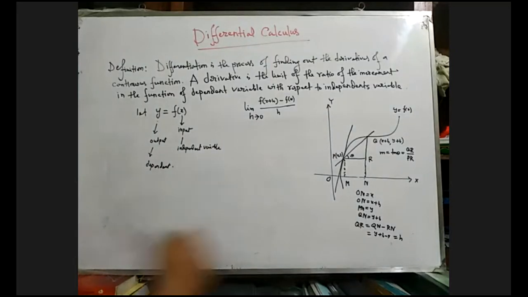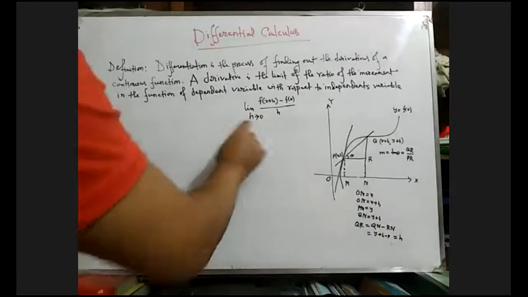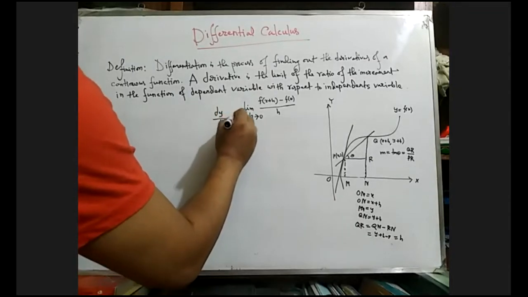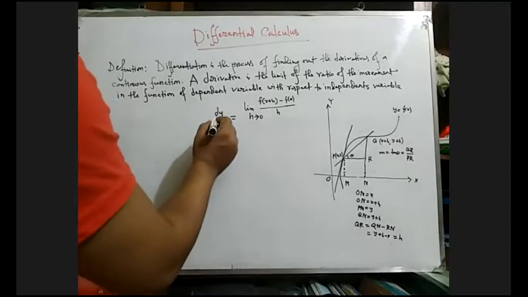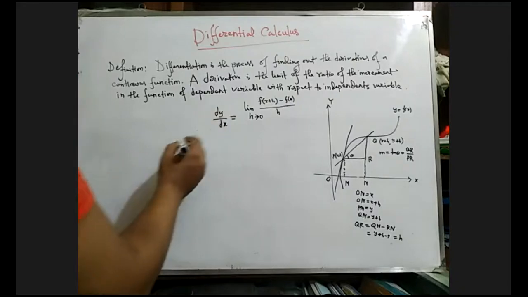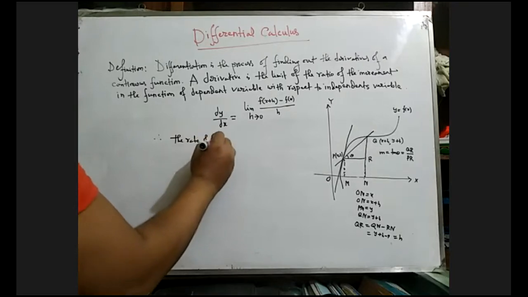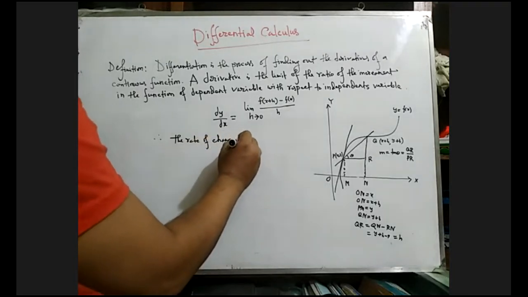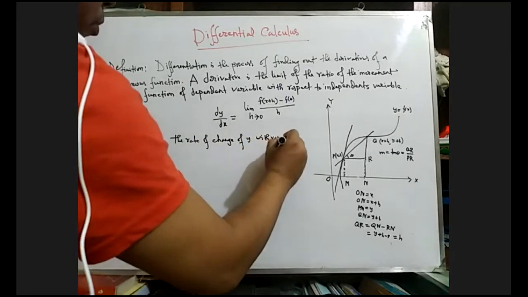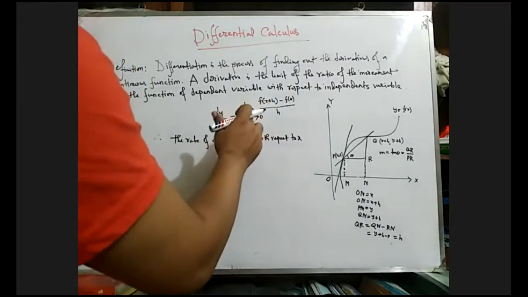So this limit can be denoted by dy/dx. dy/dx can be read as d/dx of y. That means the rate of change of y with respect to x.